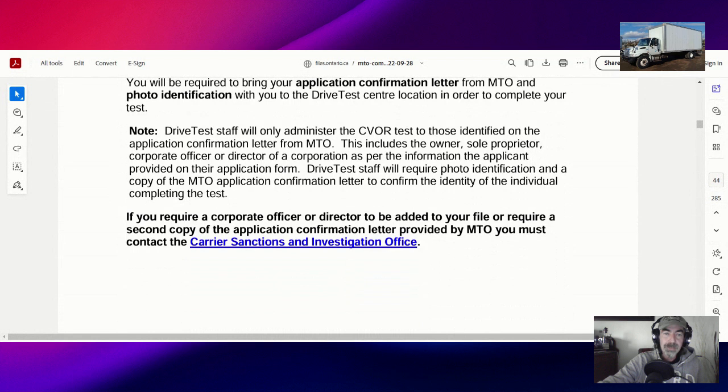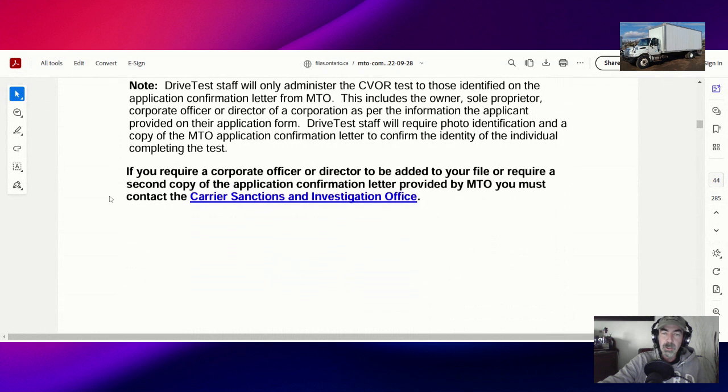Note, drive test staff will only administer the CVOR test to those identified on the application confirmation letter from MTO. This includes the owner, sole proprietor, corporate officer, or director of a corporation as per the information the applicant provided on their application form.